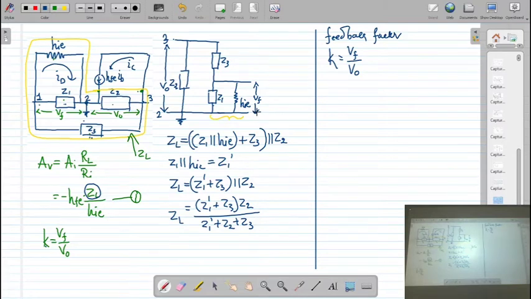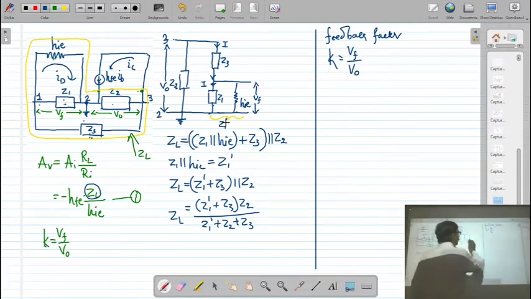Correct? So, to write this feedback voltage, let us assume that some current is passing through this network. So, here, Z3 and this parallel combination are in series, so we can say the current I is flowing in this network. And here we have a parallel combination of Z1 and HIE, and it is represented as Z1 dash.